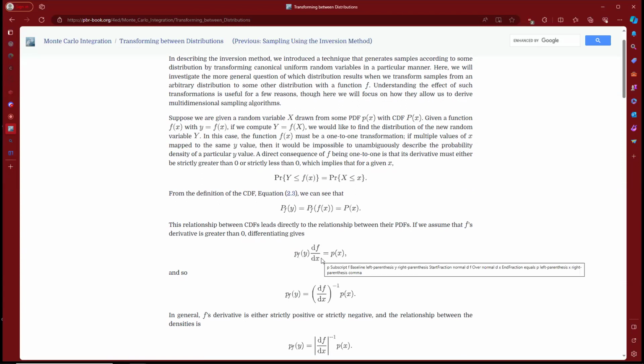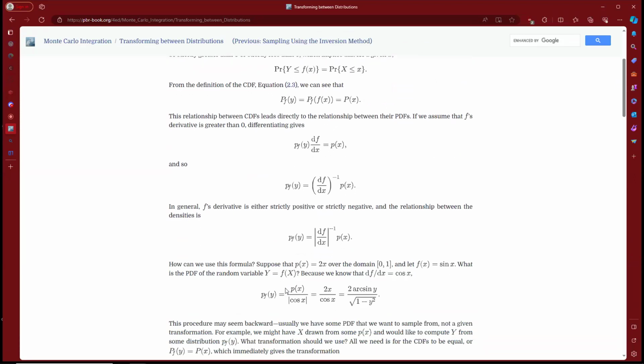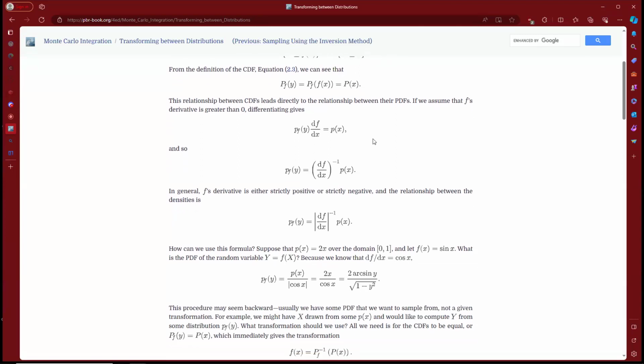that p_f of y is p of x times the derivative with respect to that function, with respect to x, I guess. I'm not exactly parsing what's going on here, but it's the differentiation of the above equation.